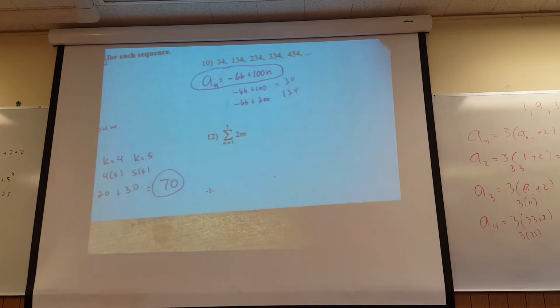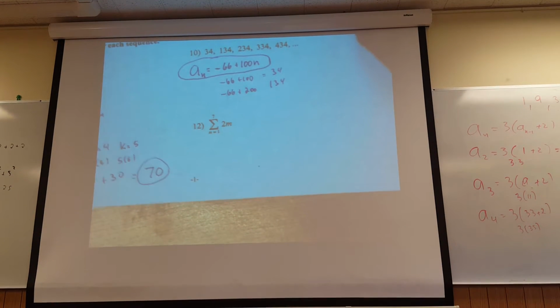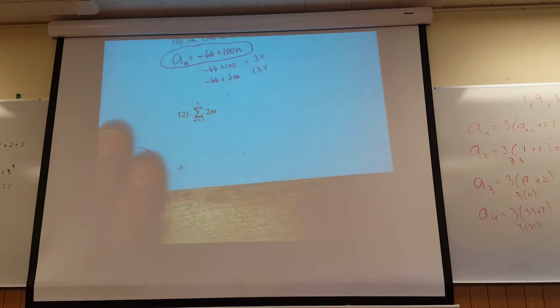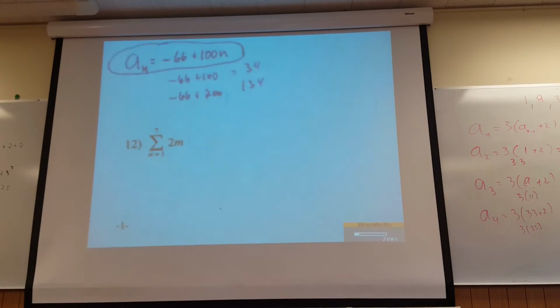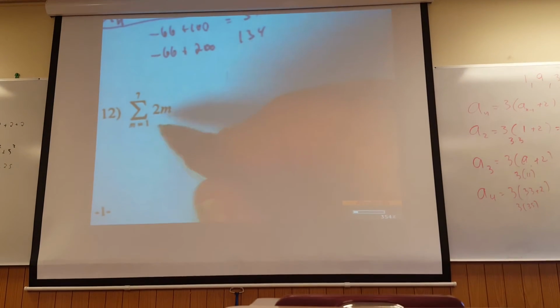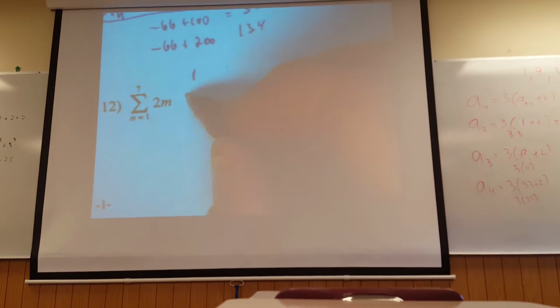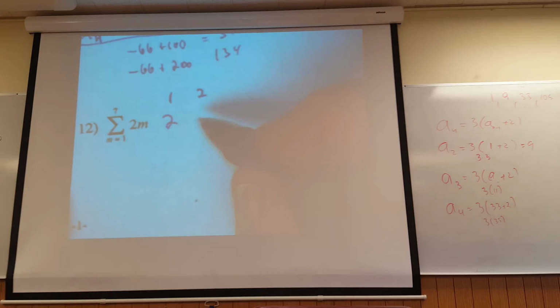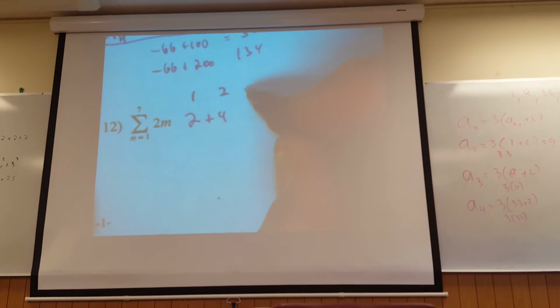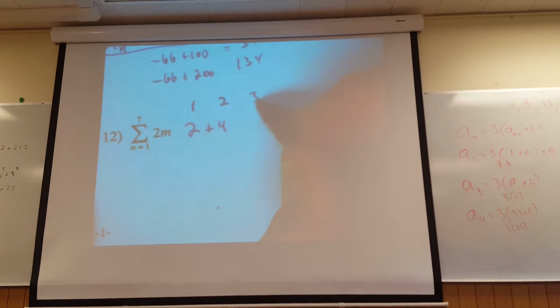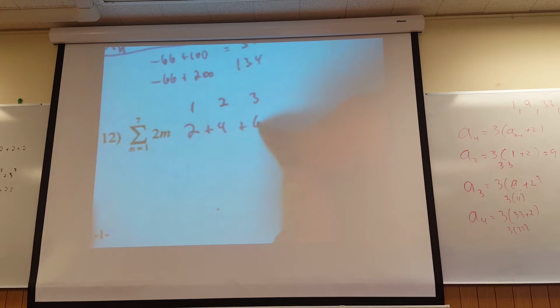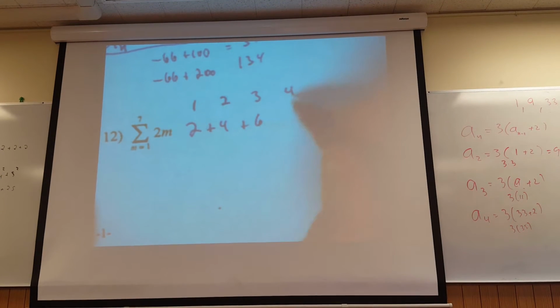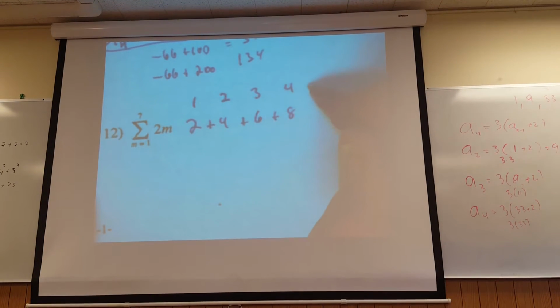On the 12th one, okay, it's the same thing, 2m. So when m is 1, it's going to be 2. When m is 2, 2 times 2 is going to be 4. When m is 3, it's going to be 6. When it's 4, it's going to be 8.